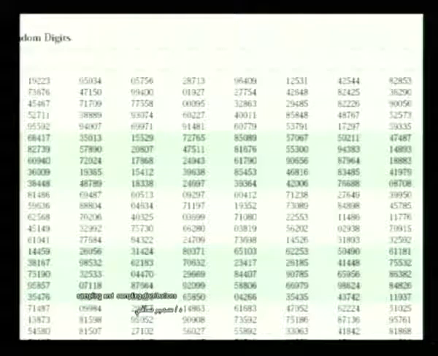Next, 96 not selected. 40 is okay. 91 not selected. 25, 31.